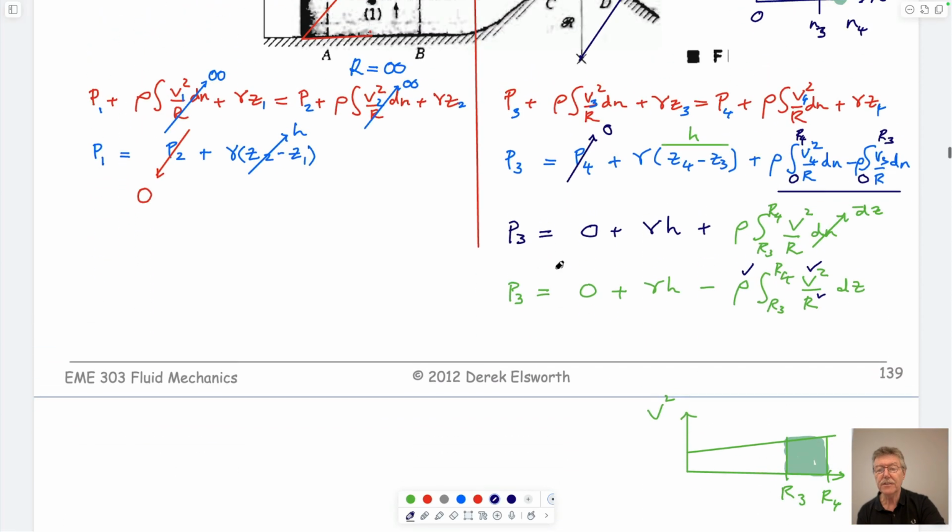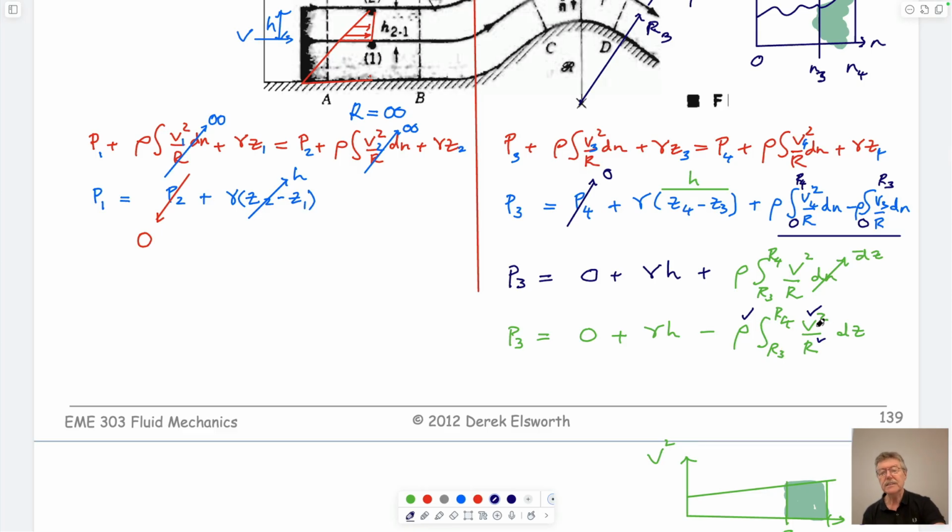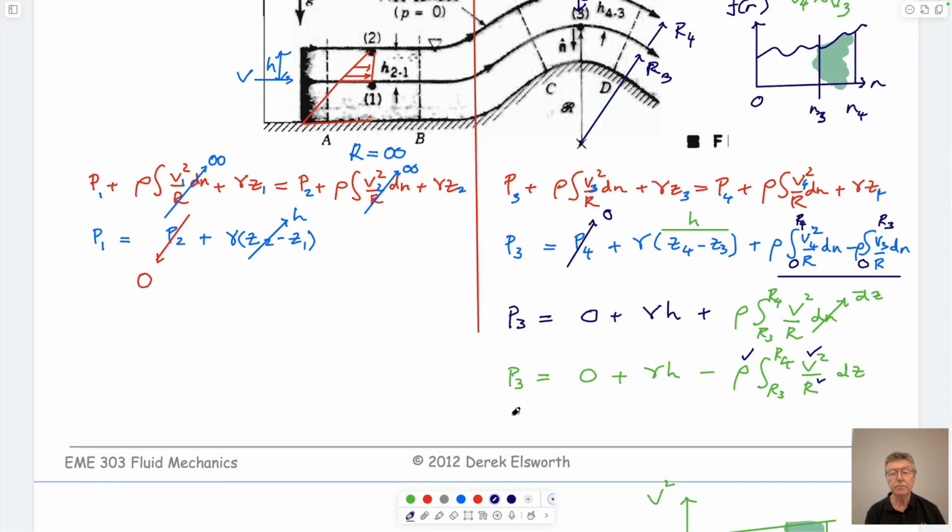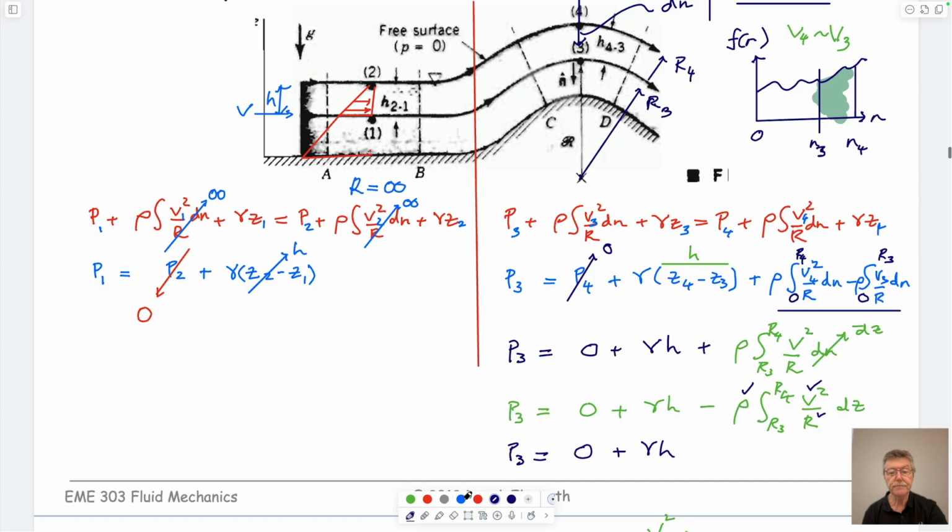And so the punchline of this is that this term has to be a positive term, and so P3 is equal to 0 plus the static pressure as you go down in depth. So if I draw it here, let me draw it in this way because we've always done it this way, right? This is pressure. If this is pressure and this is depth, pressure with depth, then this is minus a small constant.